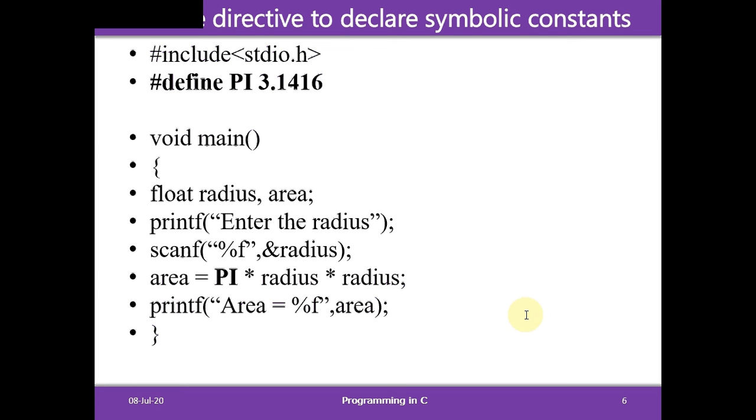For example, if the user gives 3.5 as radius, the area will be 3.1416 into 3.5 into 3.5. The product of all these values will be stored in the area variable.